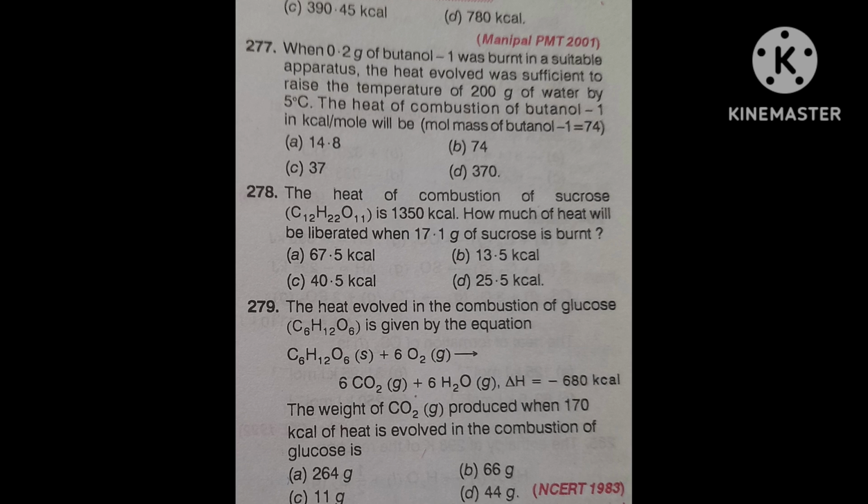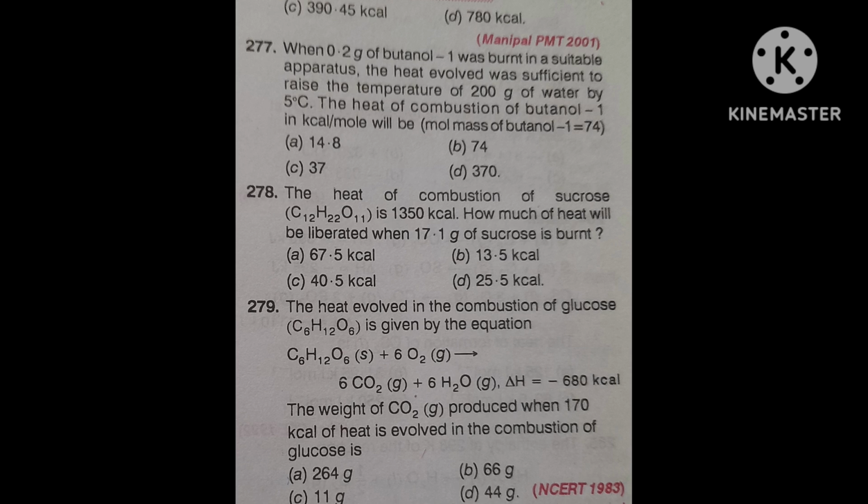Now what you have to do? The weight of CO2 gas produced when 170 kilocalorie of heat is evolved in the combustion of glucose is: first option 264 gram, second 66 gram, third 11 gram, fourth 44 gram. This question was asked in NCERT.